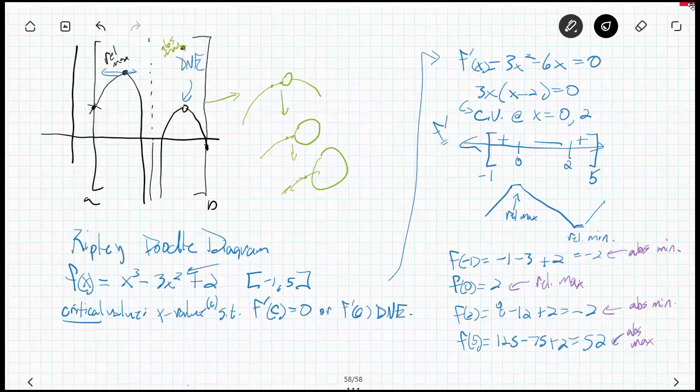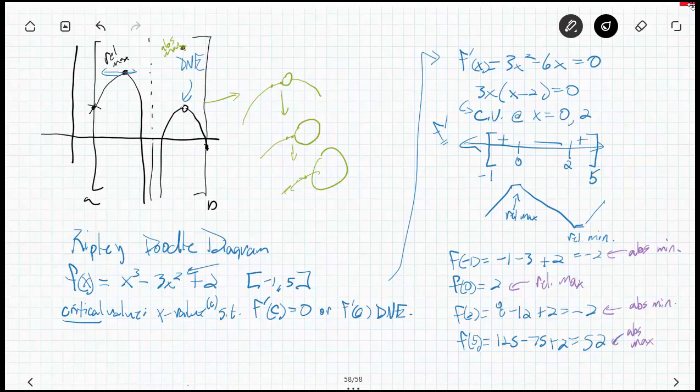And we would say we have an absolute max at x equals 5, absolute mins at x equals -1 and 2, and a relative max at x equals 0. That's pretty easy. But if it says, what are the maxes and mins, then I would have to say the absolute mins are -2, the absolute max is 52, and the relative max is 2.